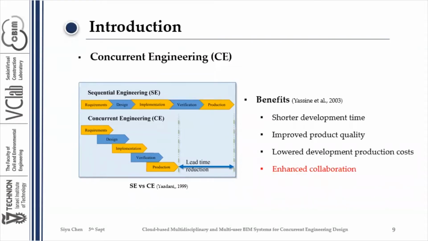And as you can see in the picture, compared with sequential engineering, concurrent engineering can lead to shortened development time, improved product quality, lowered development and production costs, and then eventually enhance the collaboration.